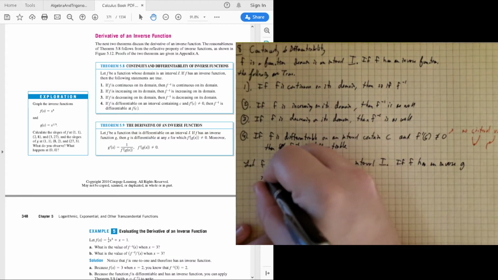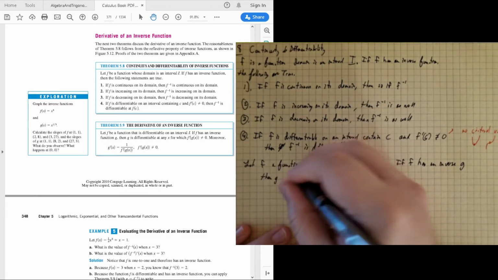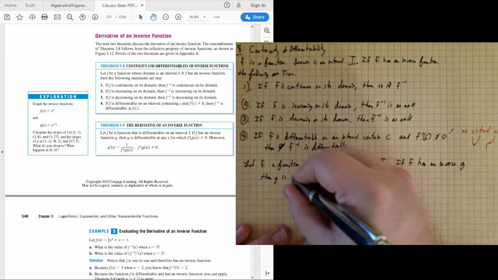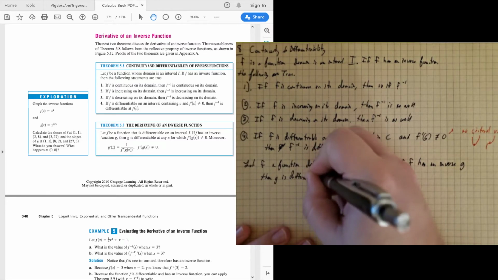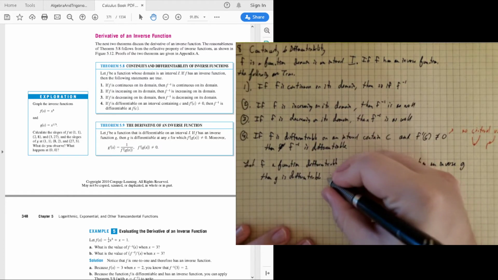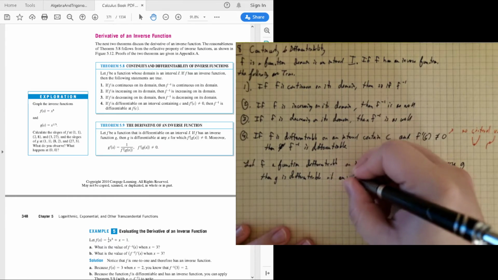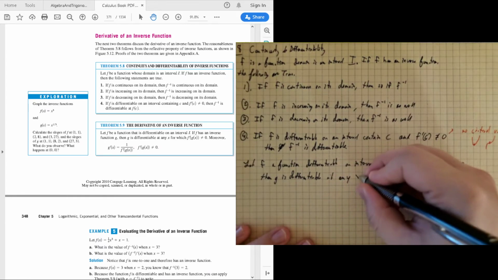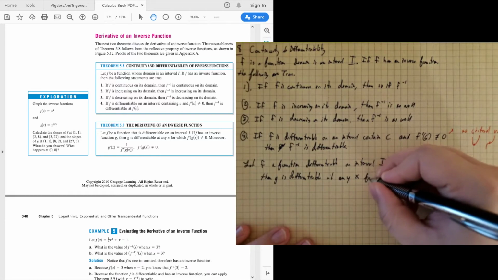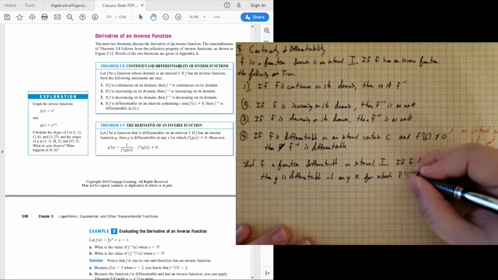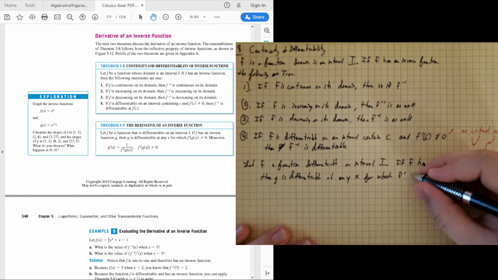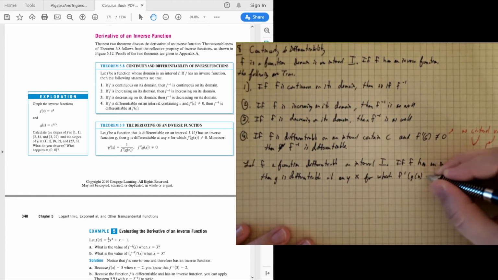Then g is differentiable at x, for which f prime of g does not equal 0.